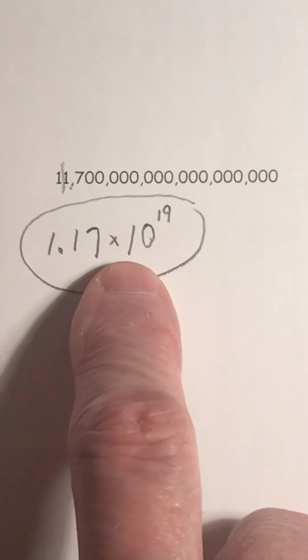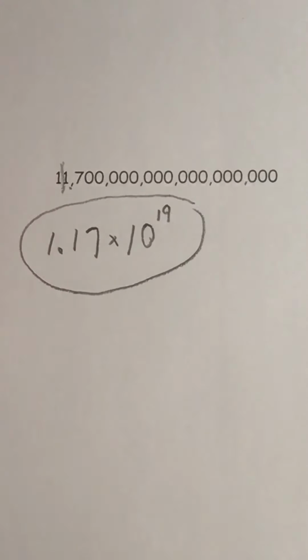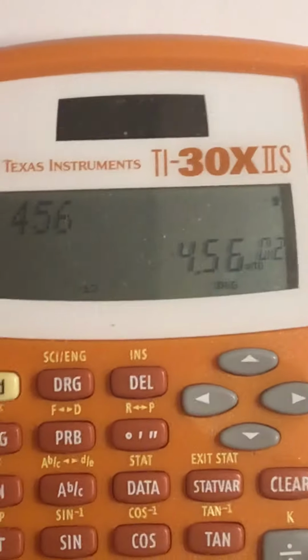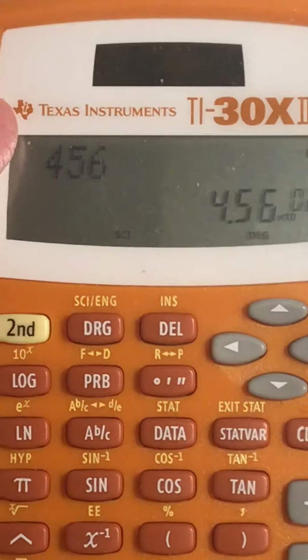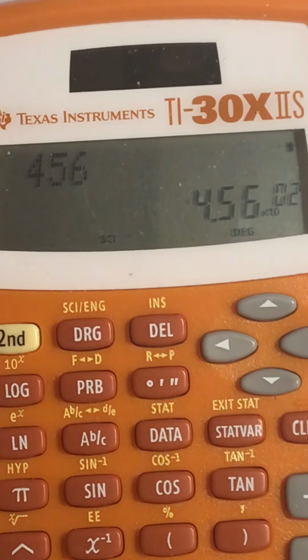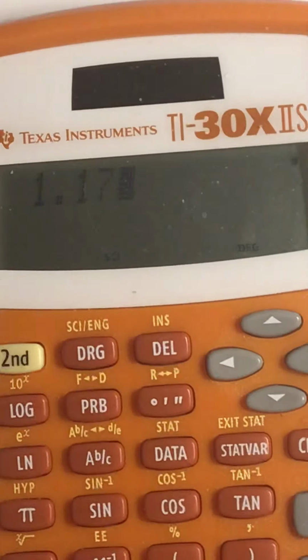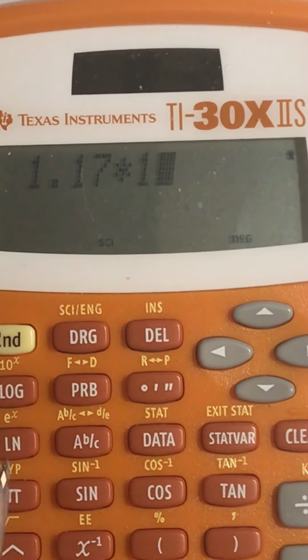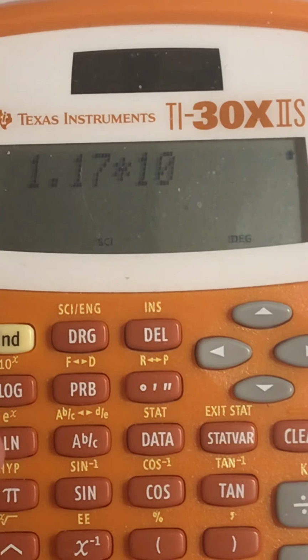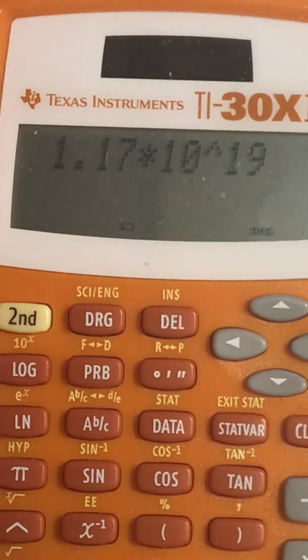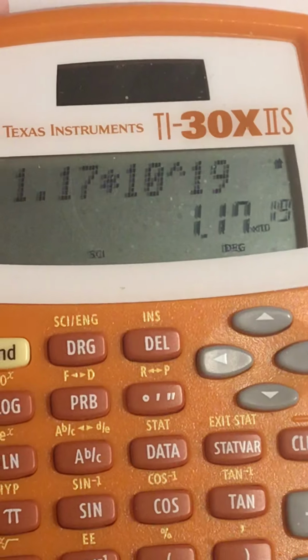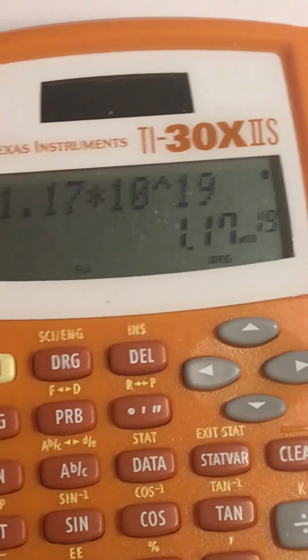And one of the things you might notice here is you could not put that on this calculator in ordinary notation. If I write 1.17 times 10 to the 19th power, that's the best the calculator can do.